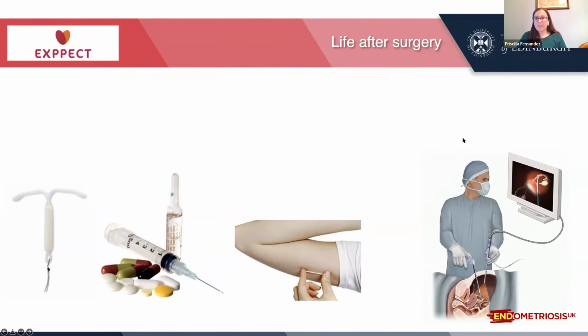People think because it's keyhole, it's just a minor operation. So we counsel you with the risks outweighing the benefits to you. It could be that you decide, actually, my symptoms are not too bad, I'm just going to try some medical options that Dr. Whitaker is going to talk about.